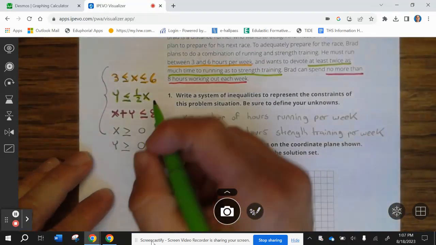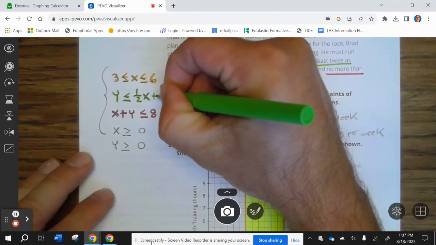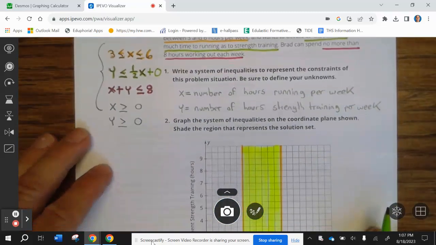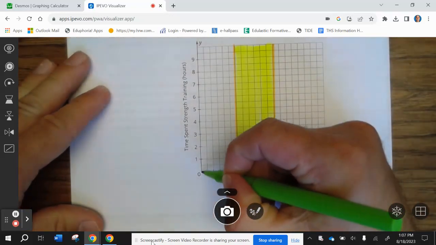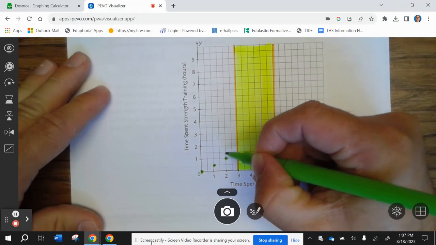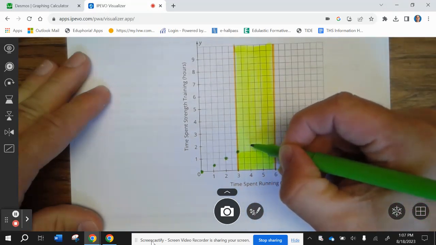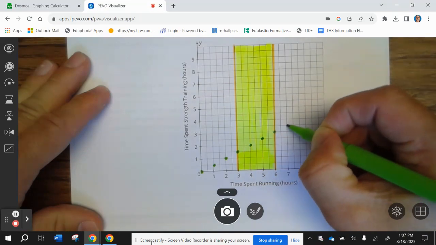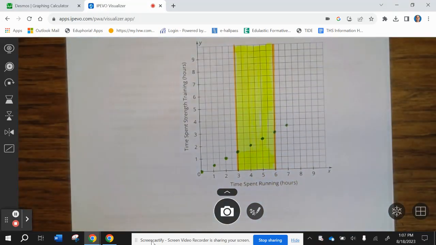Now, to graph this, technically this is plus 0. So we can start at 0 and go up by half. Okay, so we start at 0, and we go up 1 to the right 2, up 1 to the right 2, and continue that pattern.